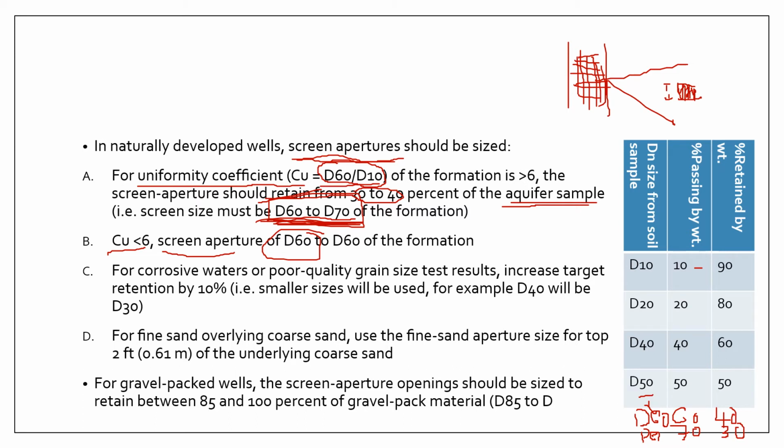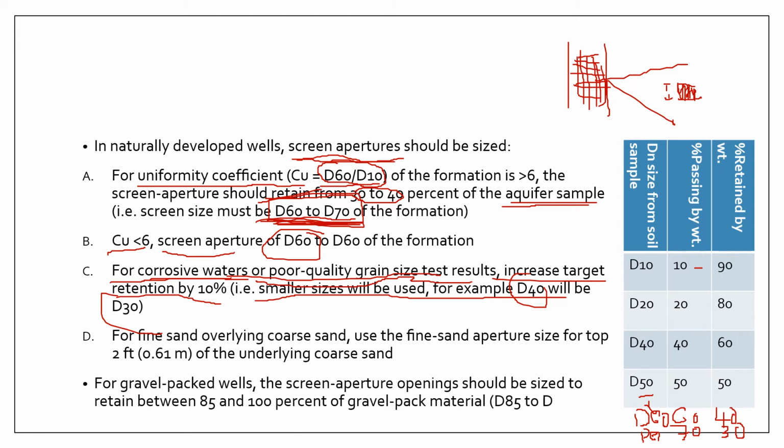Now, when you are dealing with waters that are corrosive, or let's say, for example, you are doubting the results of your lab test, the safe way to go around this is to increase the target retention by 10%. Or in short, the workaround for poor quality data or for corrosive waters is to use smaller sizes for your screen. For example, a D40 will be a D30 and so on.